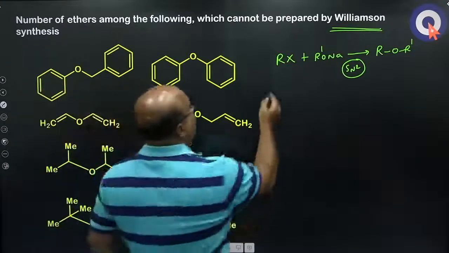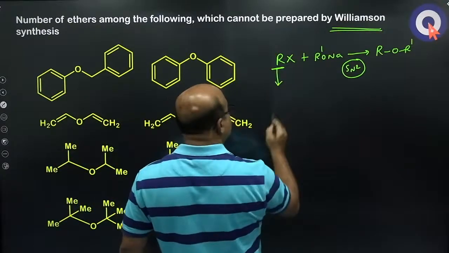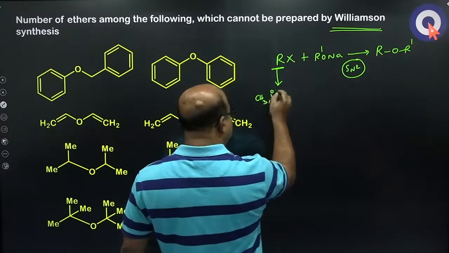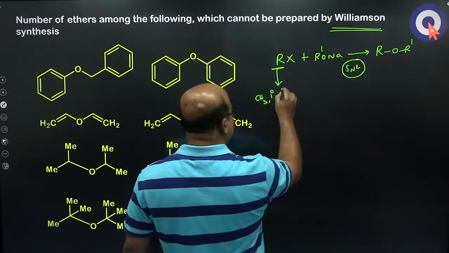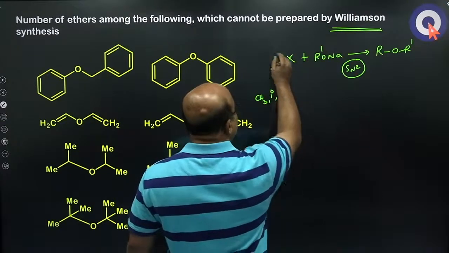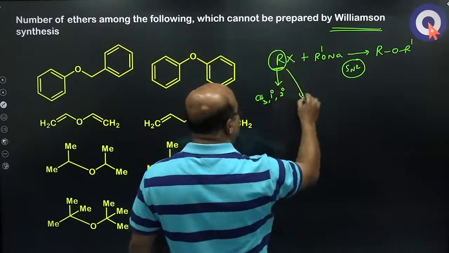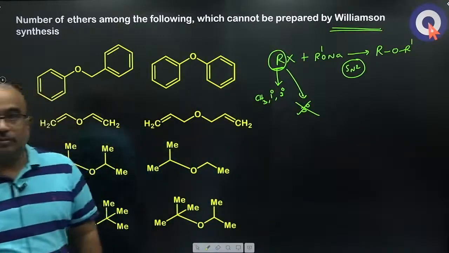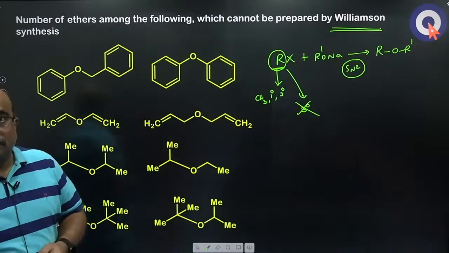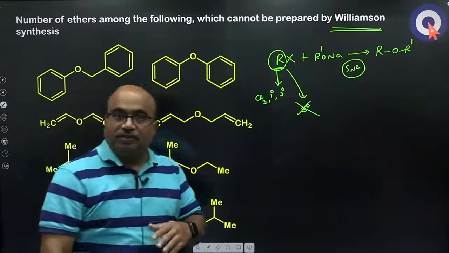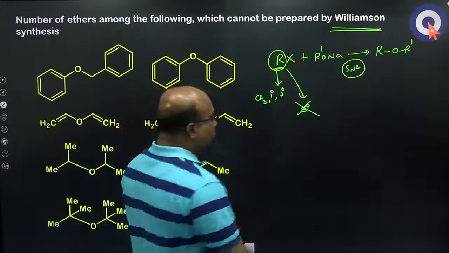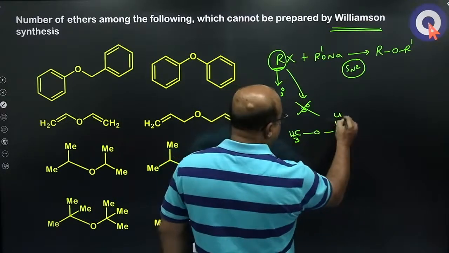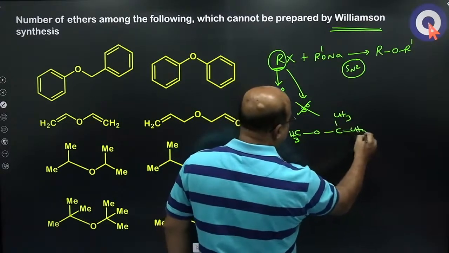So this alkyl halide can generally be methyl or primary, or to some extent secondary. But it should never be tertiary.